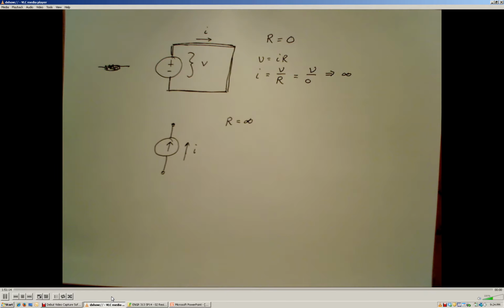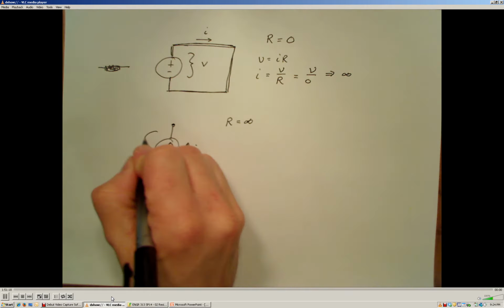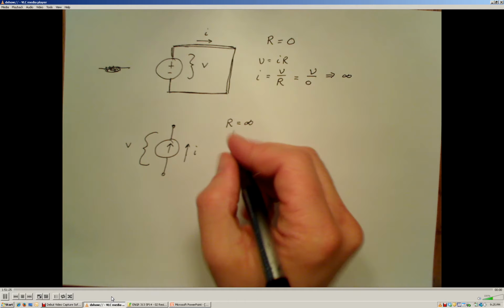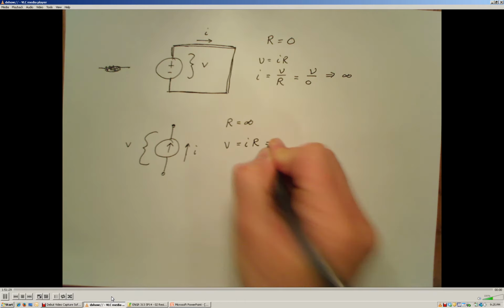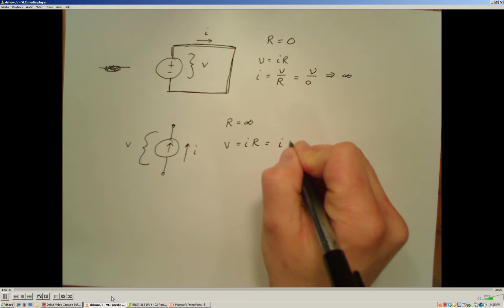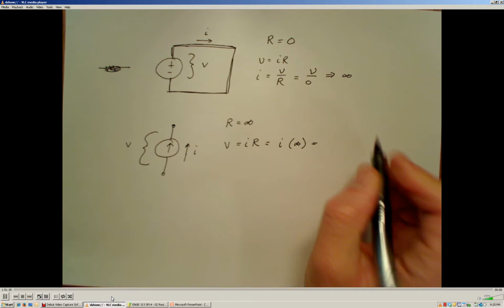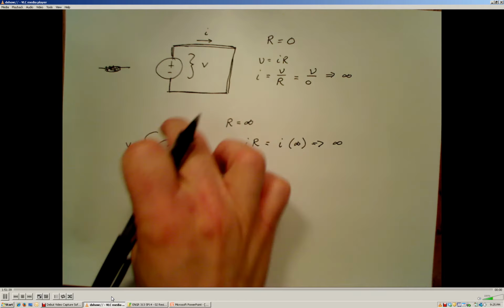Since our resistance is nearly infinite, we can determine what the potential difference developed across that current supply is going to be. Using Ohm's law, again, V is equal to IR. I is a constant value, and our resistance is infinite, so the voltage is going to tend towards a very large value across the terminals here, which makes sense.